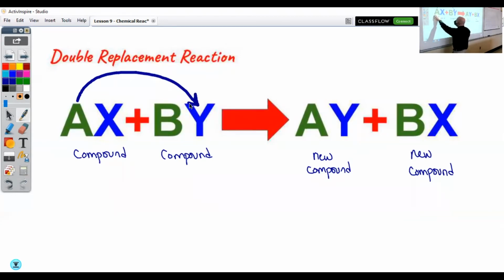So the cation of one and the anion of the other will bond. Same thing down here. The cation of one compound and the anion of another will bond together. So we'll have new products of AY and BX. Basically, the two parts that are blue, the anions, will switch places with each other.